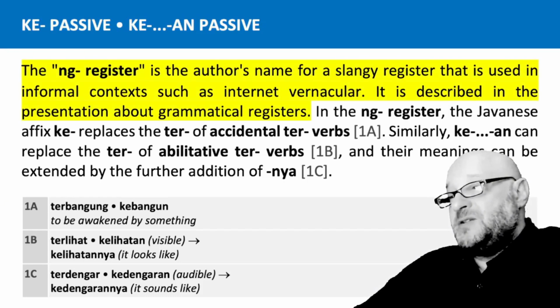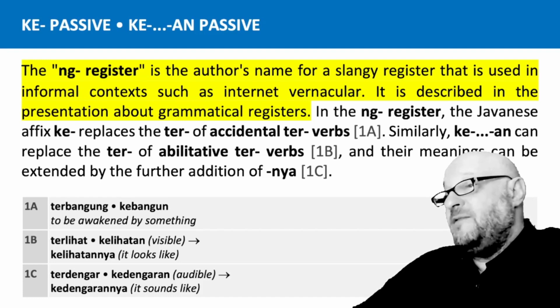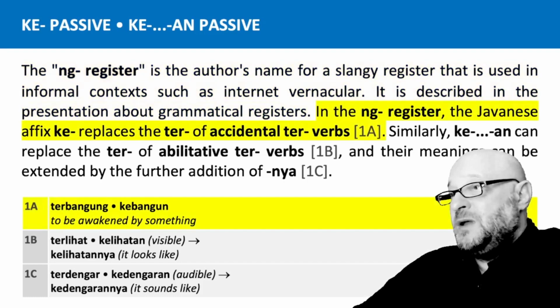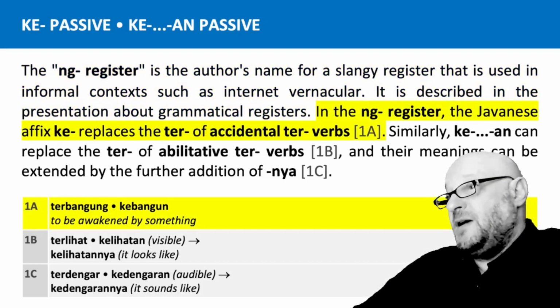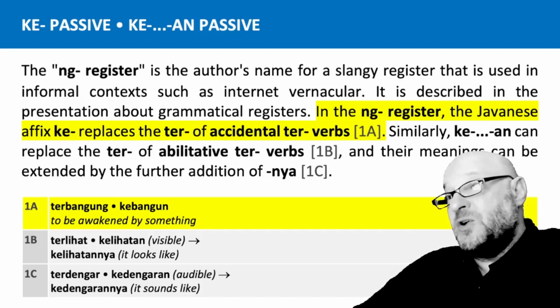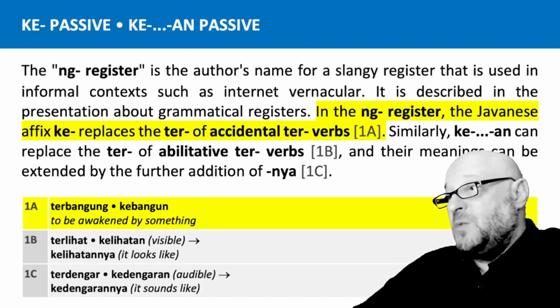The register, or Bahasa Batavia, is my name for a slangy register that's used in informal contexts such as internet vernacular. It's described in the presentation about grammatical registers. In Bahasa Batavia, the Javanese affix ke replaces the ter of accidental ter verbs. Example 1a, terbangun, to be awakened, becomes kebangun.